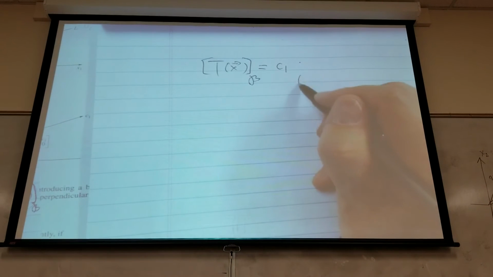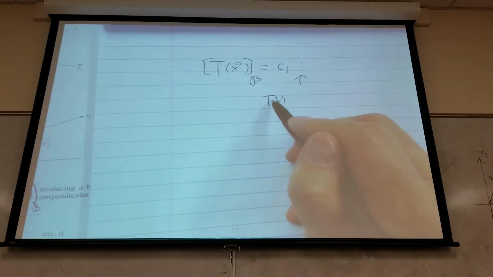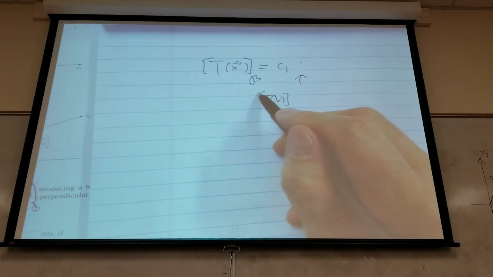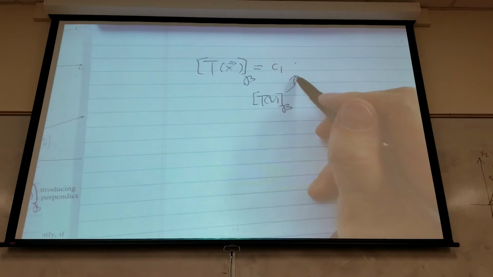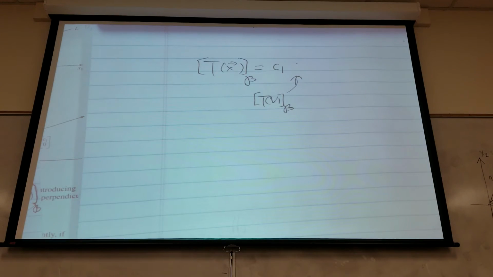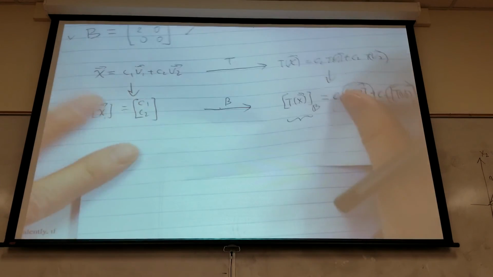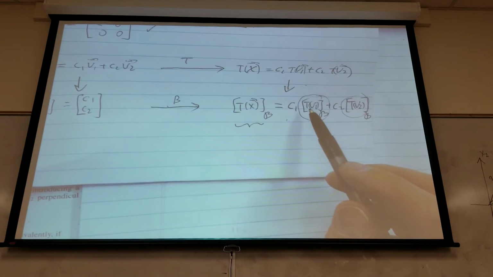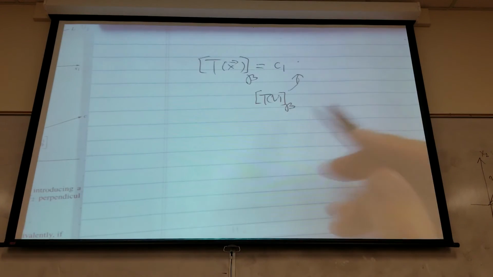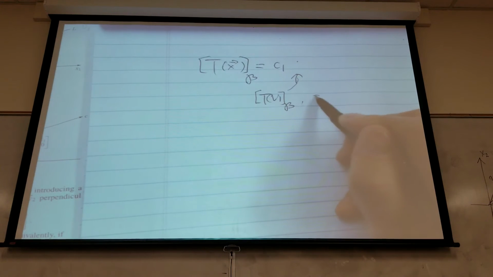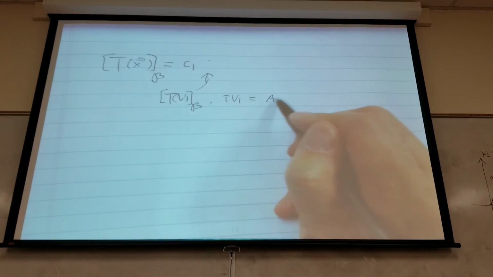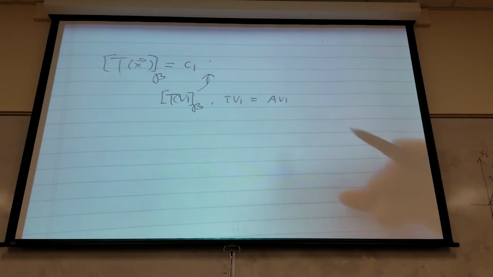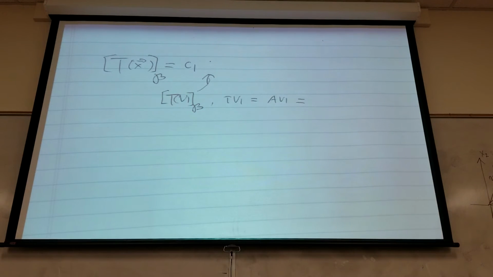So how do I find TV1? I need to put the coordinate in there, right? So remember that's what we have here, TV1 coordinate. So how do I find it? I need TV1. But that goes back to AV1, right? Remember, we already have it. If we didn't do it in this order, then you do it now.